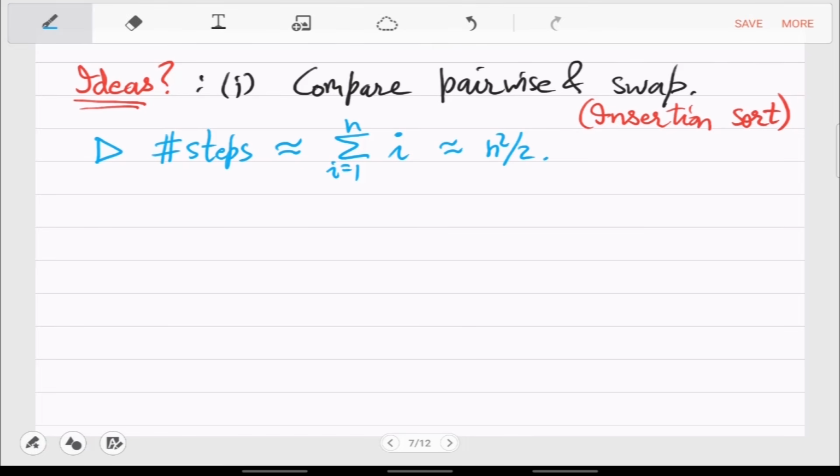You want that on your smartphone also. If it was n square, then with 100,000 elements, n equal to 100,000, the square of that will be tremendous. So it will be a very slow algorithm if you actually implemented this. So you want something better than this.